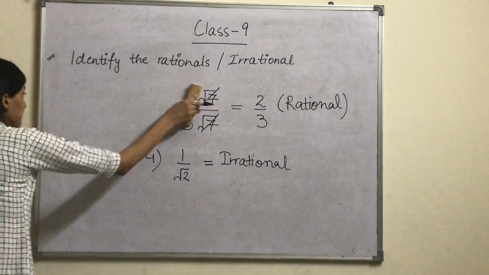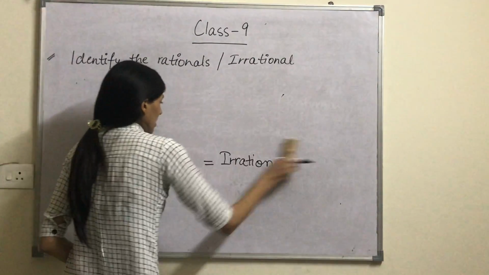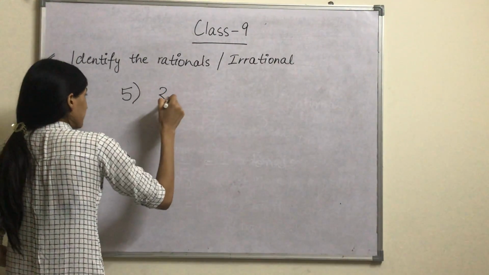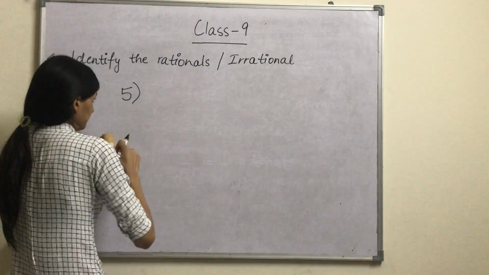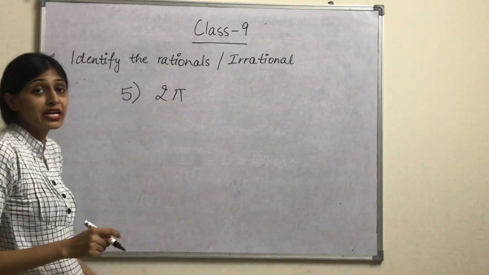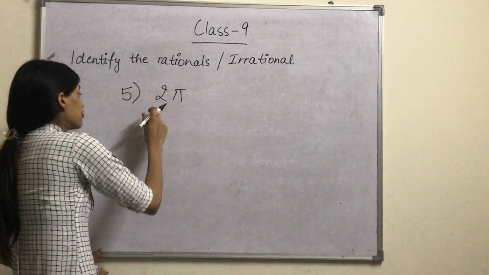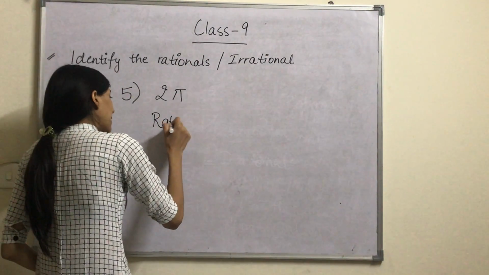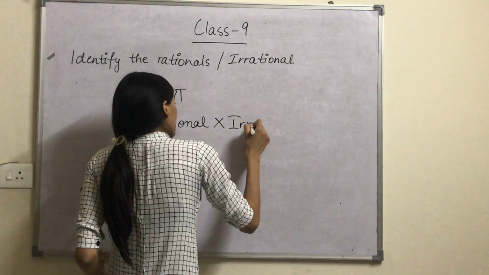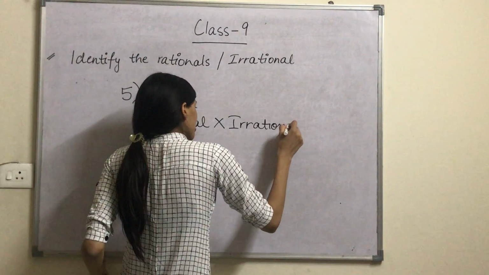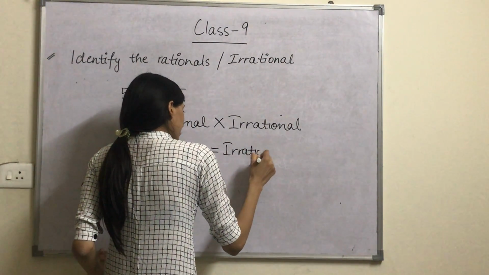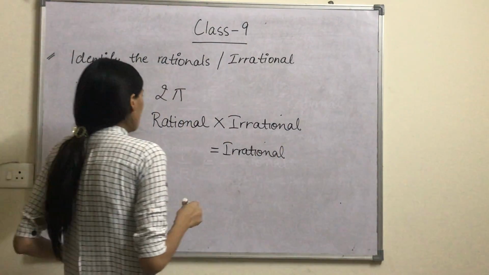Next, 2 pi. Now pi is an irrational number. If a rational number is multiplied by an irrational number, the answer will always be an irrational number. It can never be a rational value.